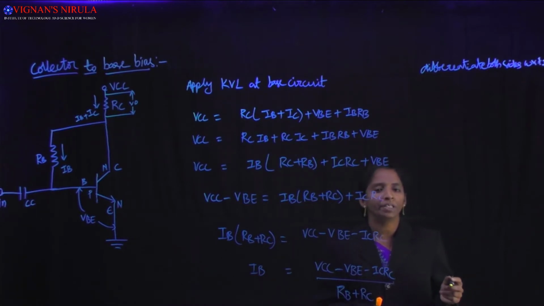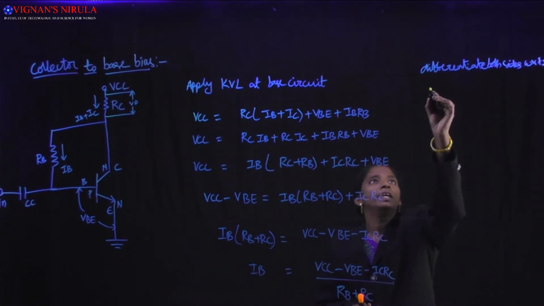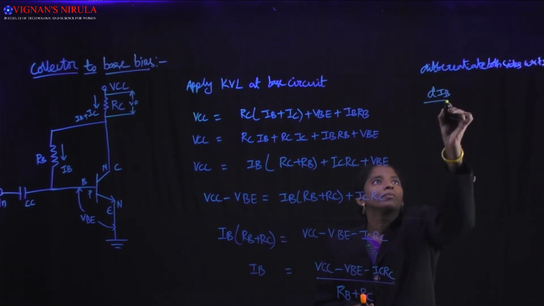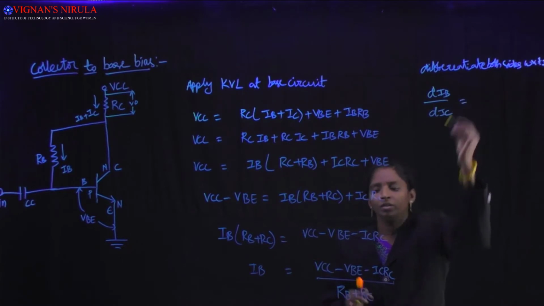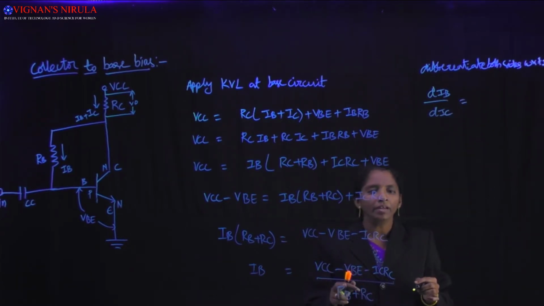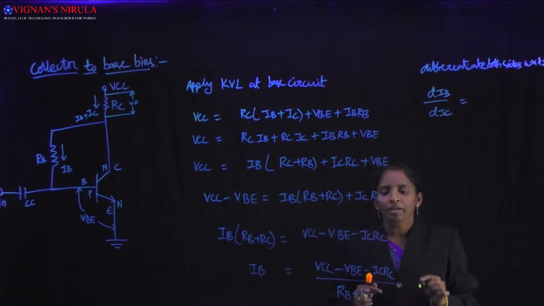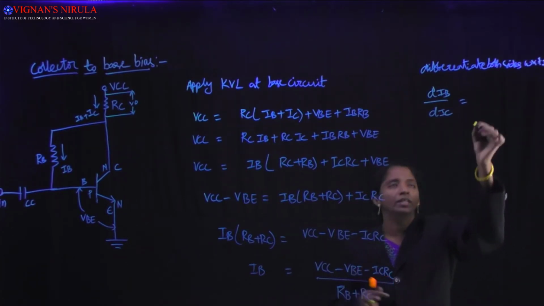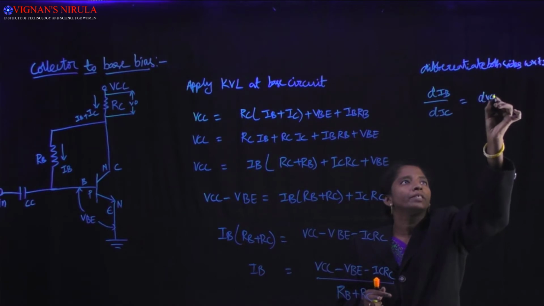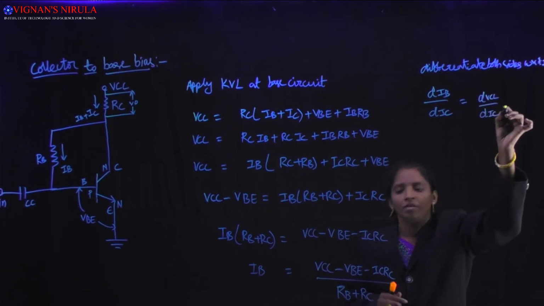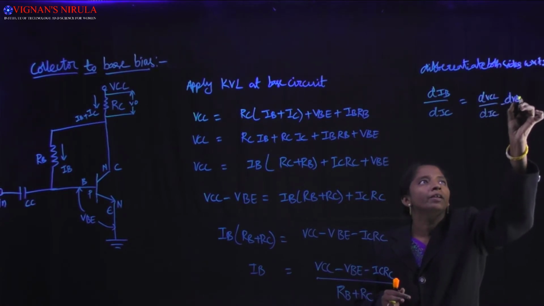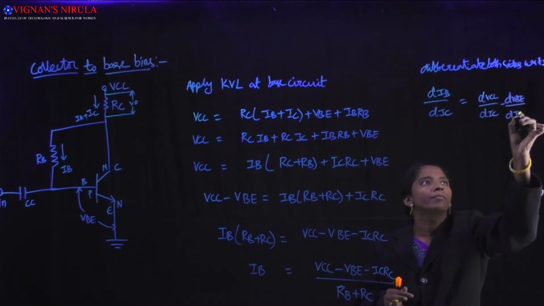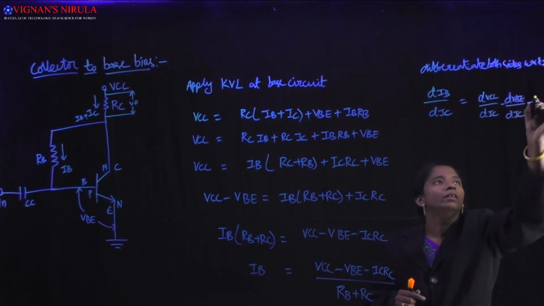Differentiating both sides with respect to IC, we get dIB by dIC equal to dVCC by dIC minus dVBE by dIC minus IC common, dIC divided by dIC.